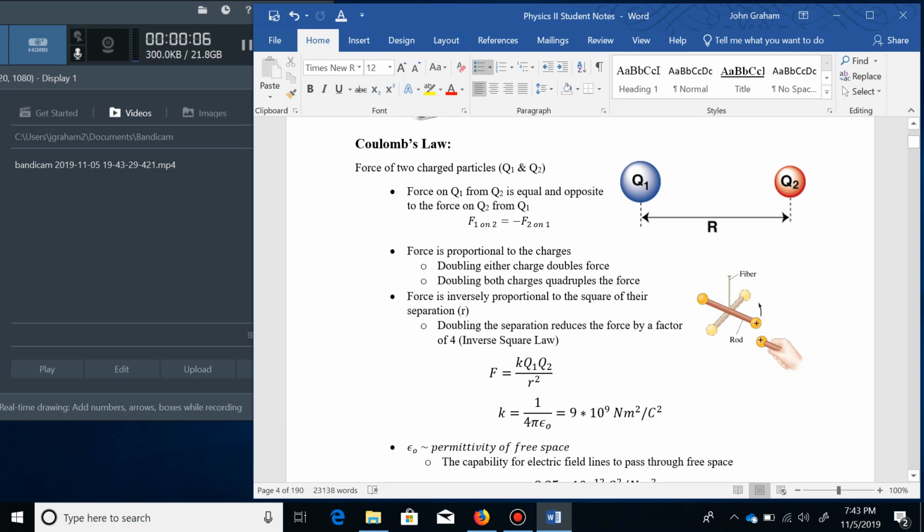Alright, this is the second lecture in our chapter on electric forces. This chapter we're going to get into some equations and some constants that are going to be very important. And one constant in particular we will see many times throughout the course of Physics 2.